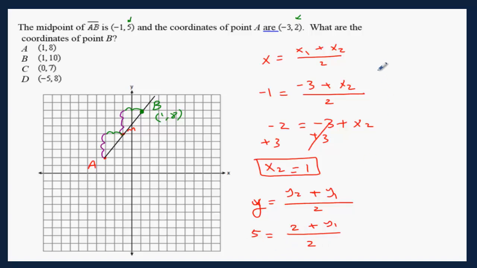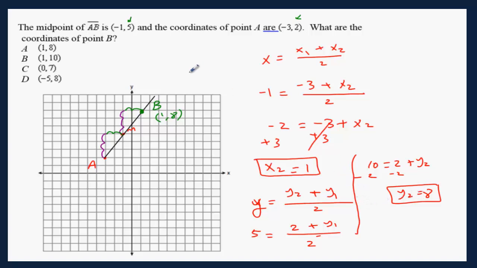Cross multiply: 2 times 5 equals 10, so 10 equals 2 plus y2. Subtract 2 from both sides. You get y2 equals 8. So x2 equals 1 and y2 equals 8. That's another way to do it.